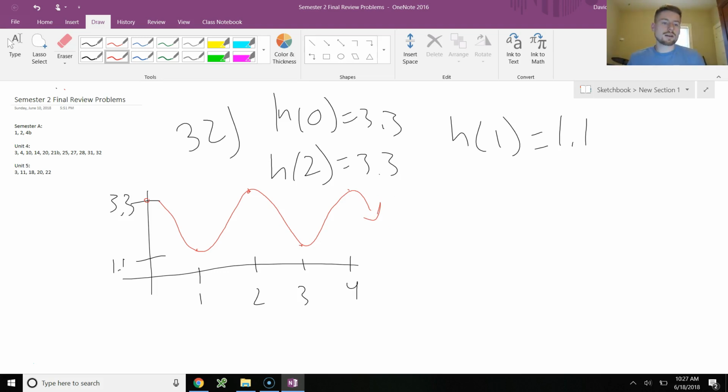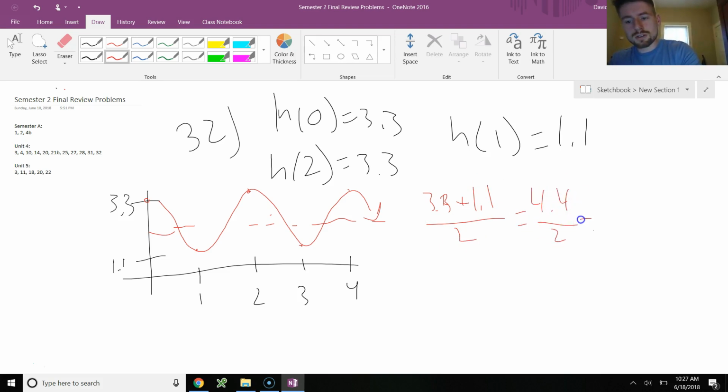That's the graph of the function. Now we want an equation, so let's find our sinusoidal axis. That would be the average, 3.3 plus 1.1 divided by 2. That's 4.4 divided by 2, which is 2.2. So the average is 2.2.